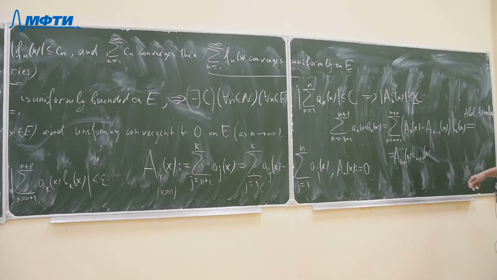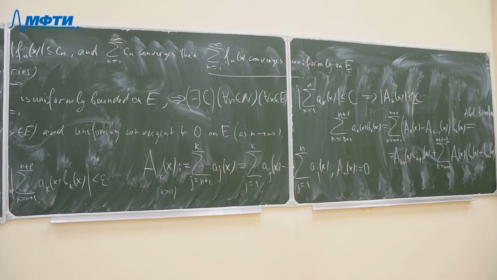And for all other terms, what I have: plus the sum k from n plus 1 up to n plus p minus 1. For A_k of x, I have b_k minus b_{k plus 1}. You see, every capital A has either b with the same number, right? Or b with a number which is greater by 1, but with coefficient minus 1. That is what is written, right?